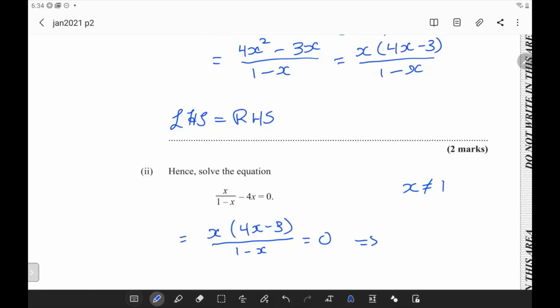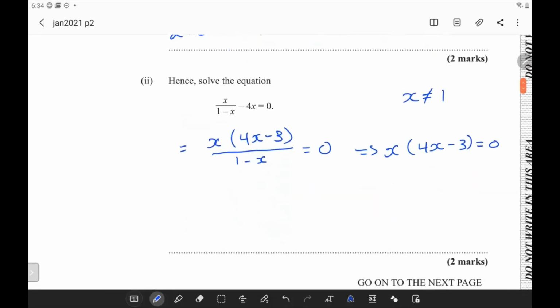So that would imply that the numerator is 0. Since we have a fraction equal to 0, that means that x into 4x minus 3 is equal to 0. And this gives us two solutions. Either, since we have a product equal to 0, one of them has to be equal to 0.